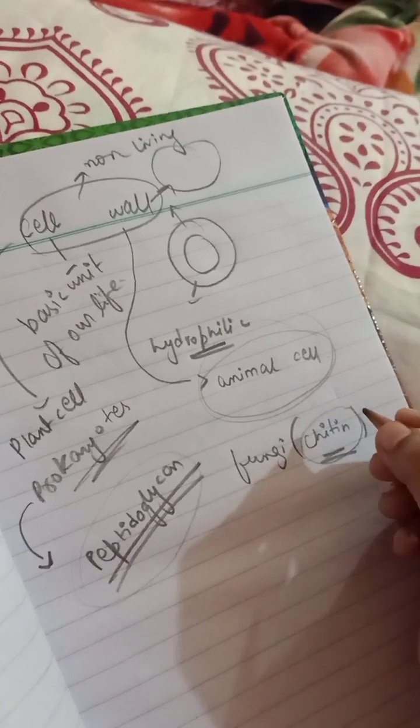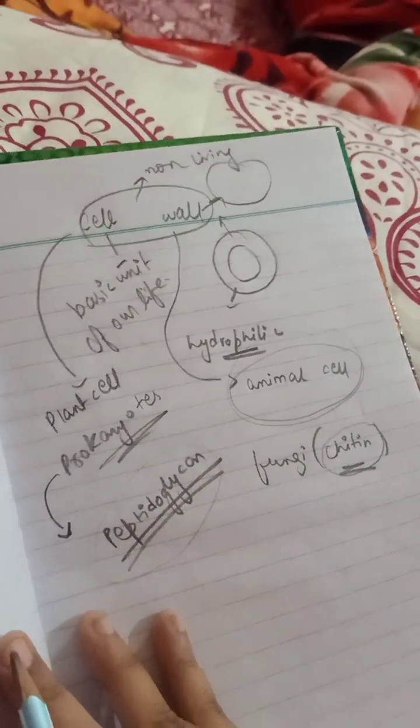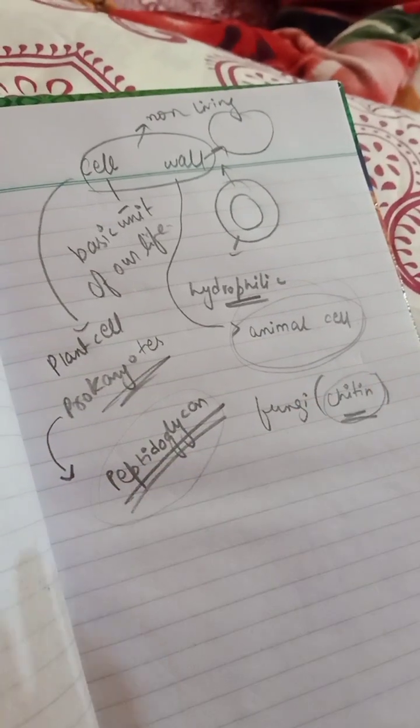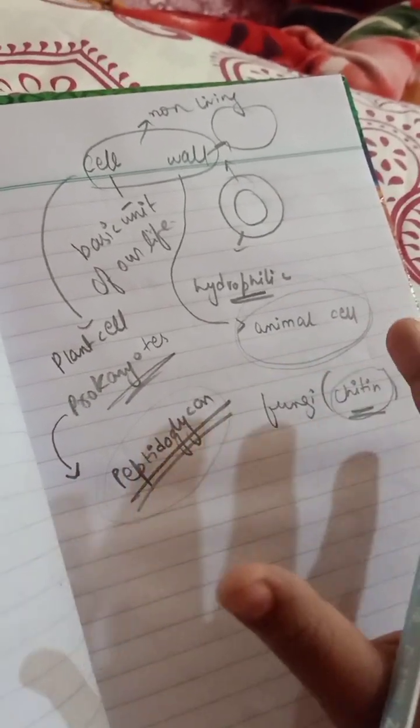As you all know, we have discussed chitin in detail in the biomolecules chapter. So here we will discuss only the plant cell wall.